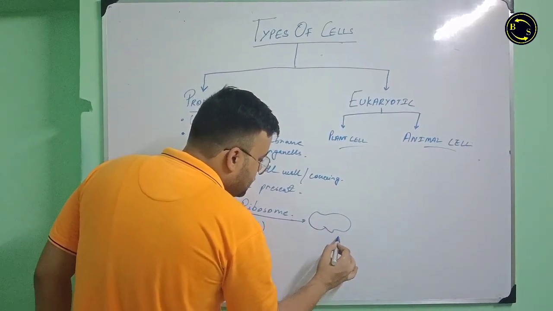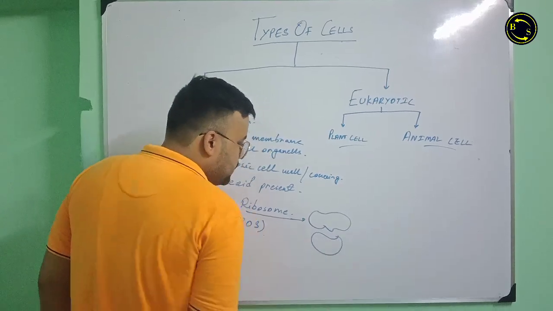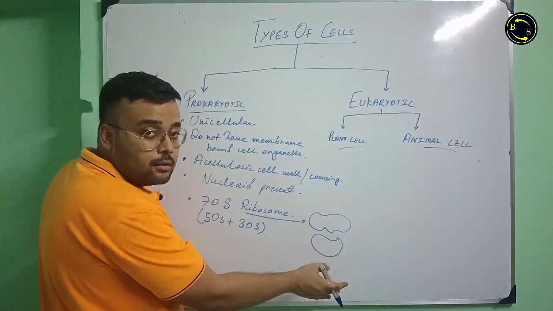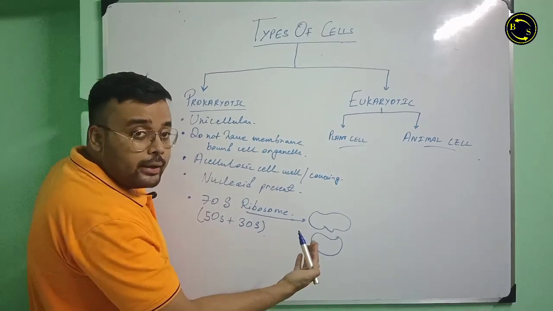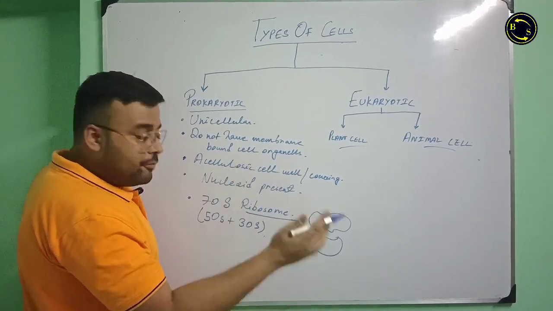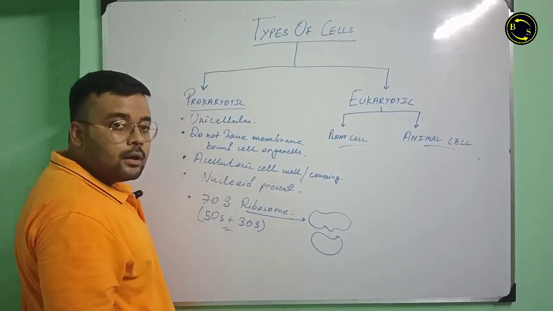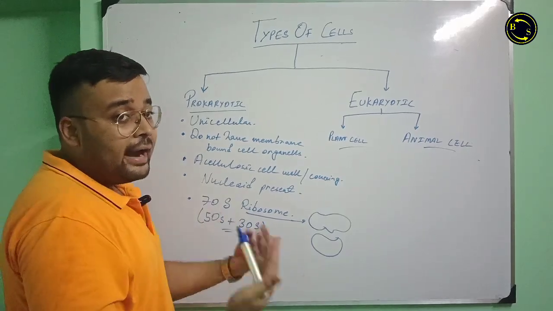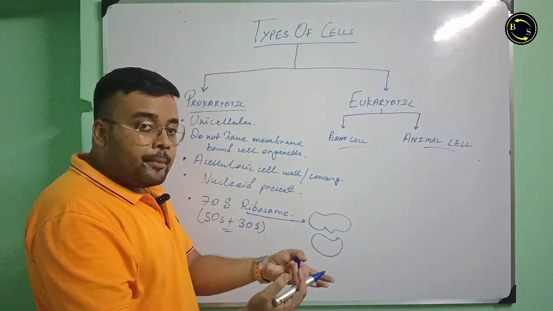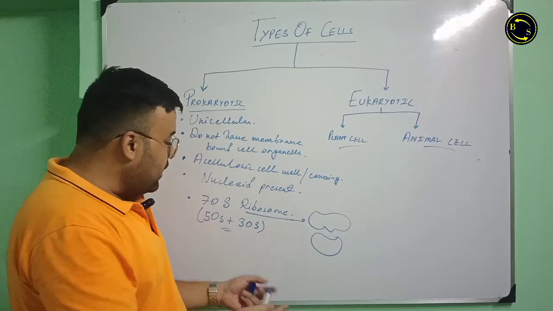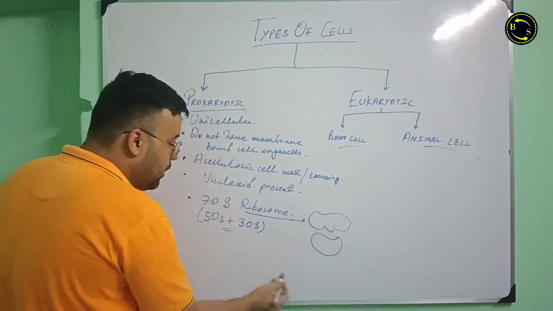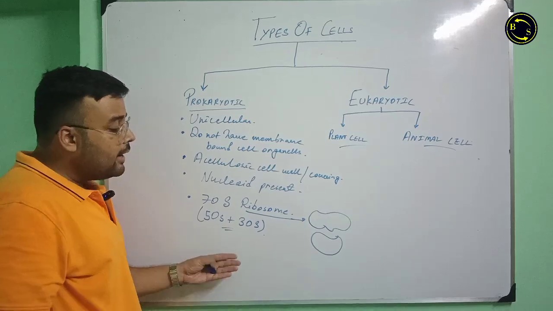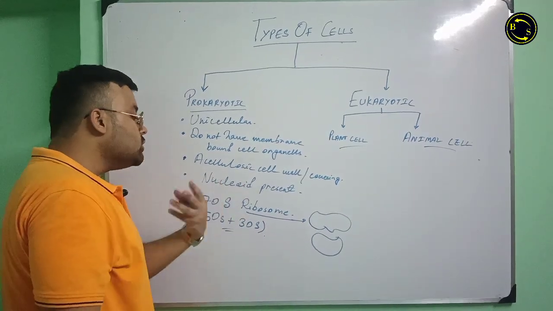This is one subunit, this is another subunit. They work together to synthesize proteins. Since they work together, we give them an additive function. Like in mathematics, if something adds up to create a new number, we include a plus sign here also, indicating an additive function.